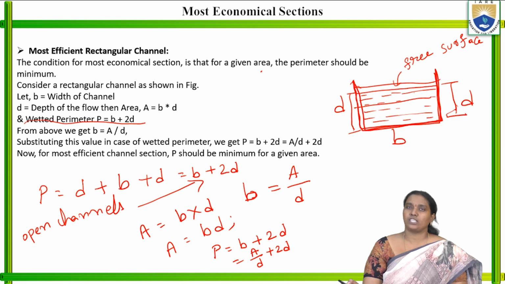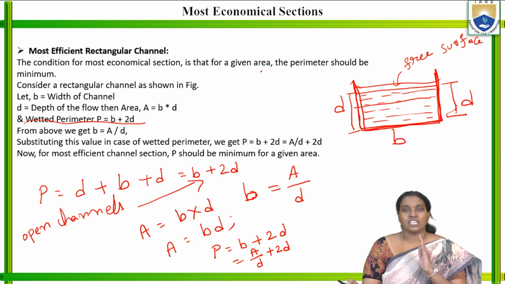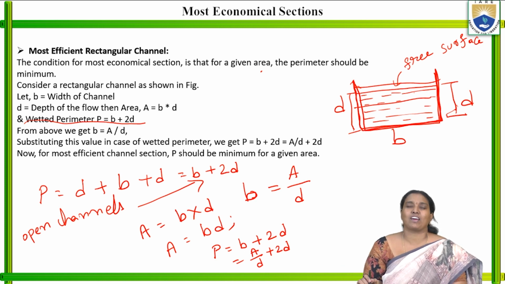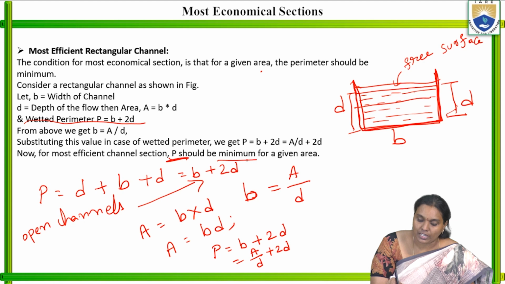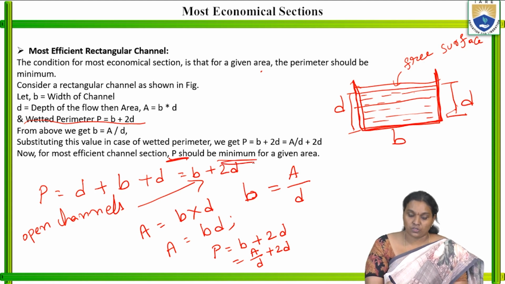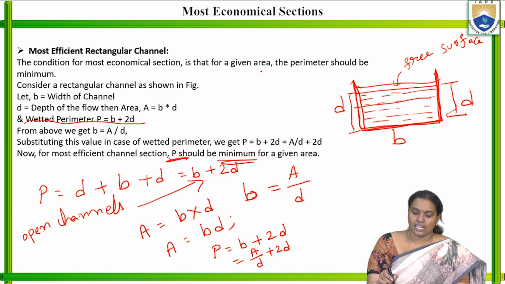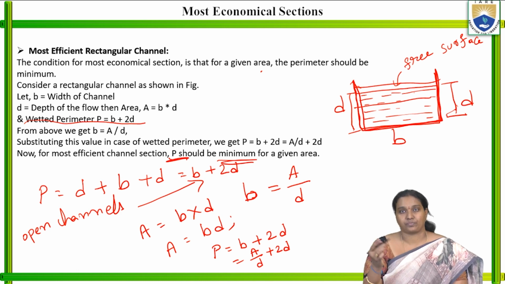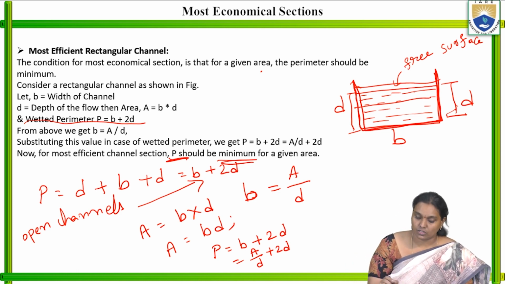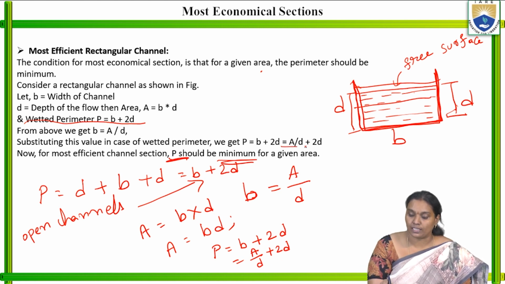So whenever the construction is done within the least cross-sectional area, the requirements are fulfilled. That gives the most economical section. So for that purpose, wetted perimeter should be minimum. That's why we are considering all parameters in terms of P. So P is equal to A by D plus 2D.